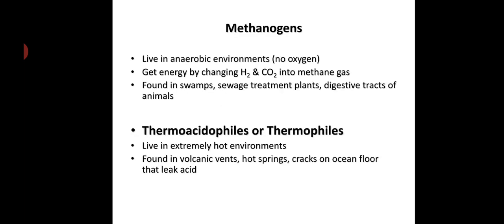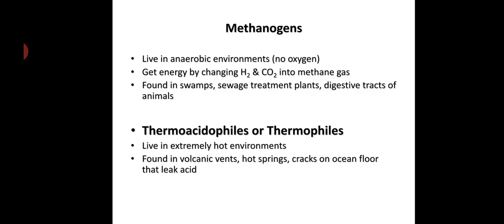Let us see one by one. Methanogens. Methanogens are a group of Archaebacteria which live in anaerobic environments. There will be no oxygen, and they get energy by changing hydrogen and carbon dioxide into methane gas. They are found in swamps, sewage treatment plants, digestive tracts of animals.